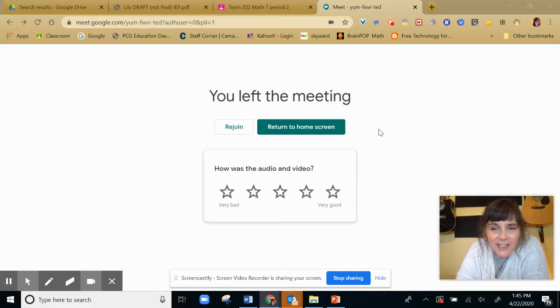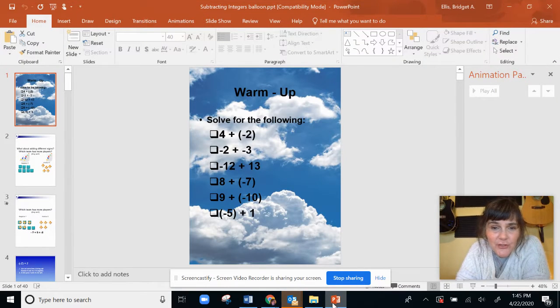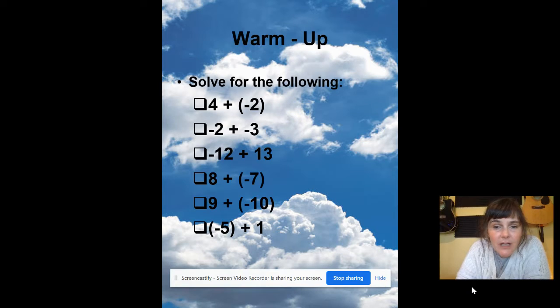So I know you've been working on adding negatives, and you've been doing a good job with that. And we've looked at a couple of different ways to visualize that. And today we're going to look at even a couple more, but we're also going to add in subtraction. So I want you to pause the video.